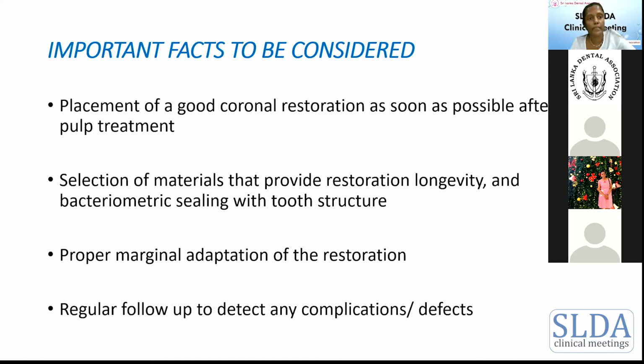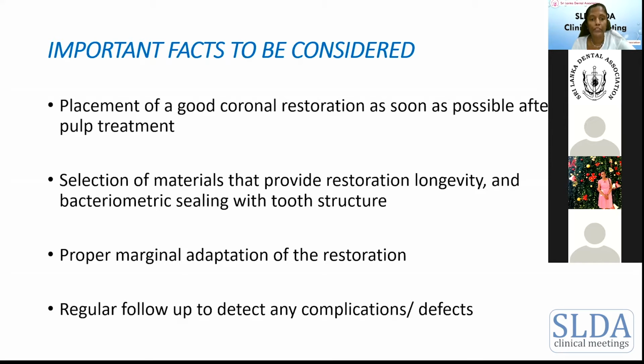So there are some important facts to be considered when you decide on coronal restoration. As I mentioned, the placement of a good coronal restoration as soon as possible after the pulp treatment is very important to gain the final success. Material selection, as I discussed earlier, is very important to provide restoration longevity and bacteria-tight sealing with the tooth structure.